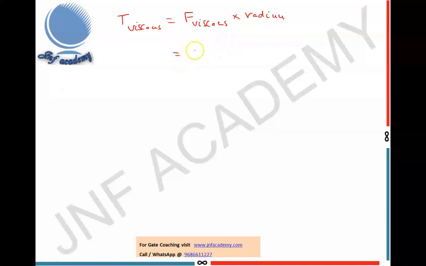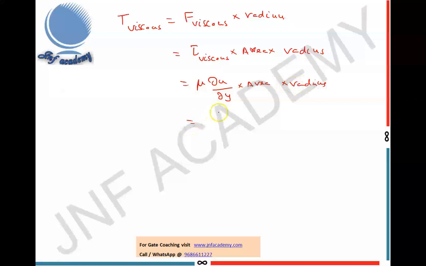Viscous force is nothing but shear stress, which is viscous stress, tau viscous into area, because stress into area will give you force, into radius, so that you will get the T viscous. So how do you calculate tau? From Newton's law of viscosity, we know that tau is equal to mu into dou u by dou y, into area into radius. So now mu is given in the question.